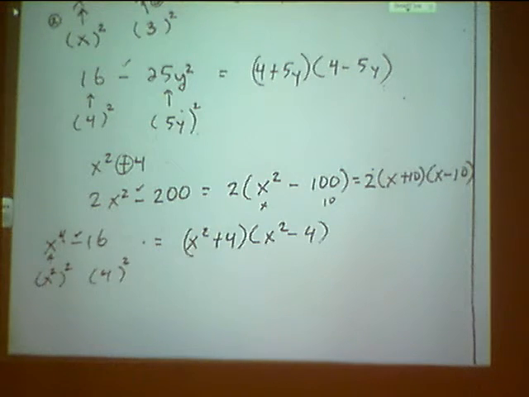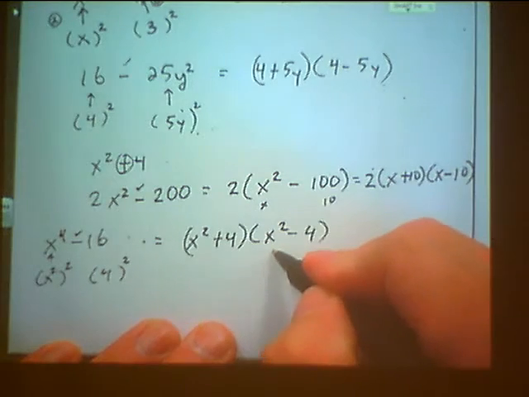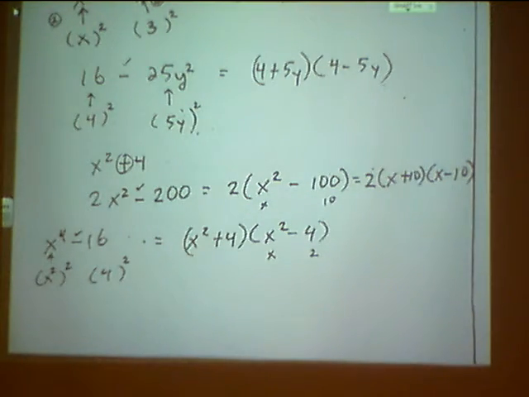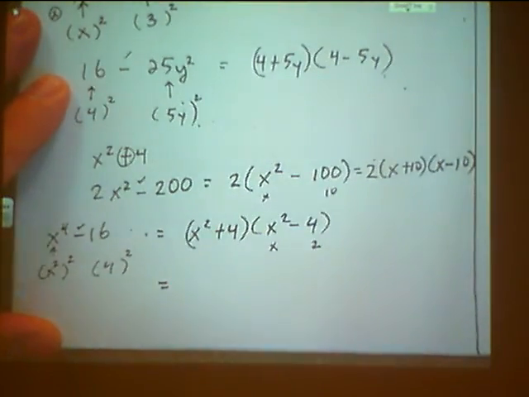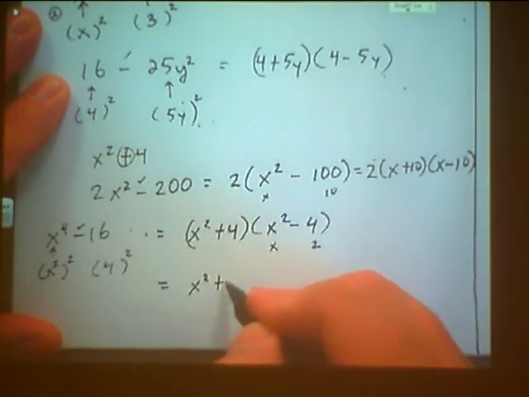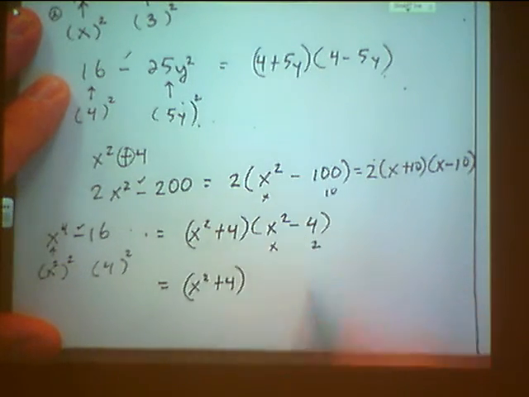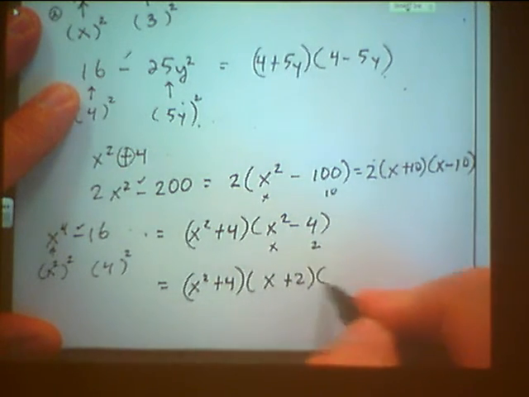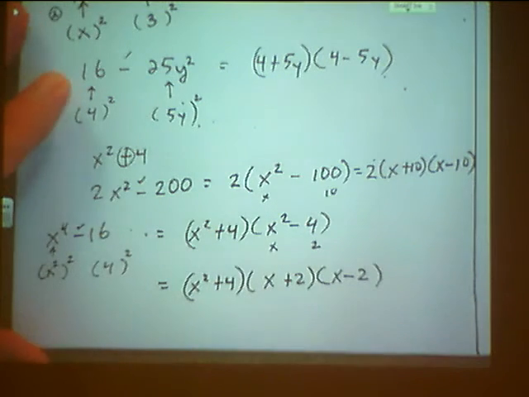And it looks like it is, in fact, a difference of squares. Because if you square x and you square 2, you get x squared minus 4, and then it is a minus. So what we finally have is the x squared plus 4 just stays here. And then this second parenthesis breaks up into x plus 2 times x minus 2. So those are a few examples of difference of squares.